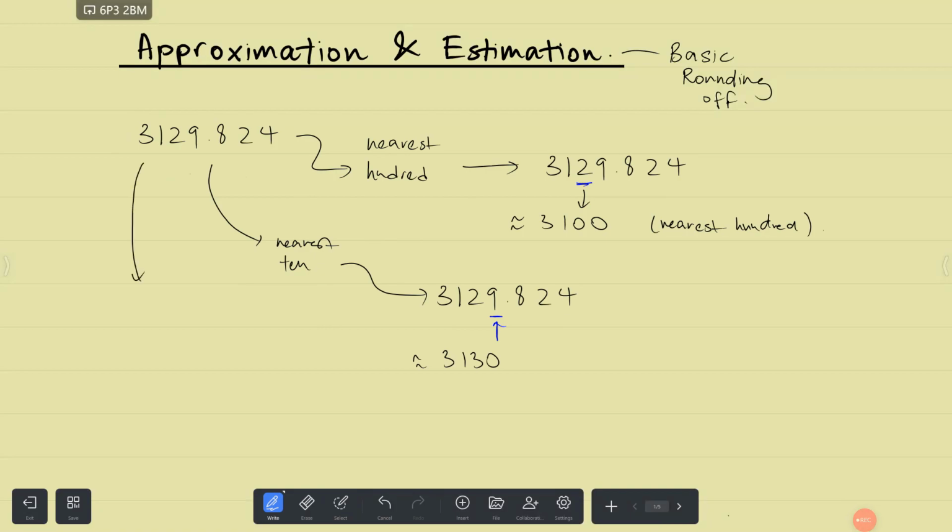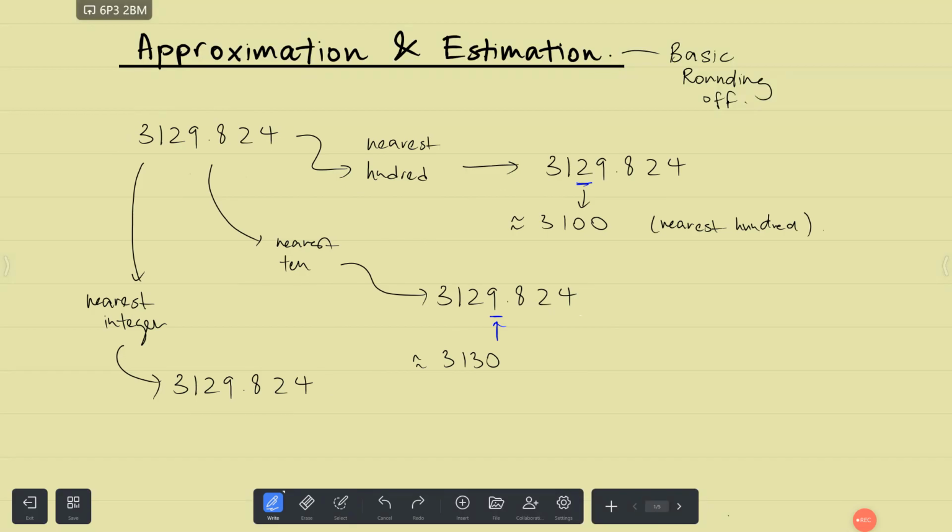Next, if you look at the same number again, and they tell you to round off to the nearest integer, which is actually just a whole number, you get the same number again, and this time you look at the digit after that, which is the first decimal place, which is 8, and it will tell you to round upwards.